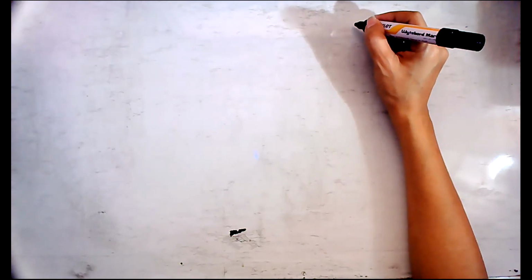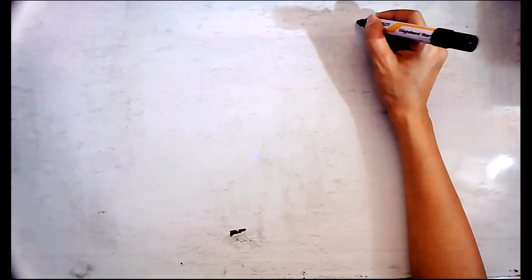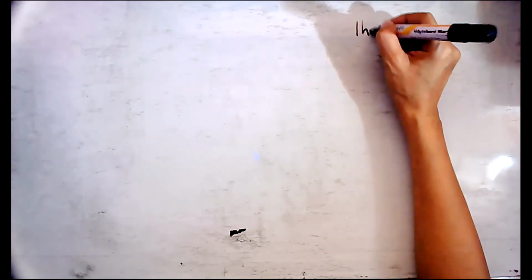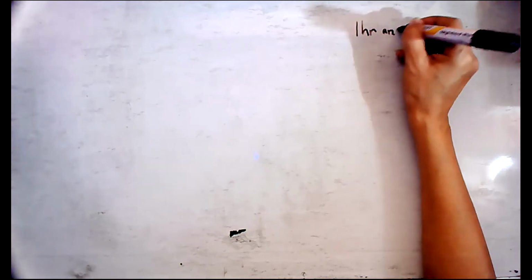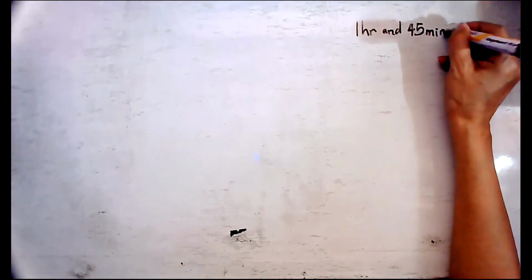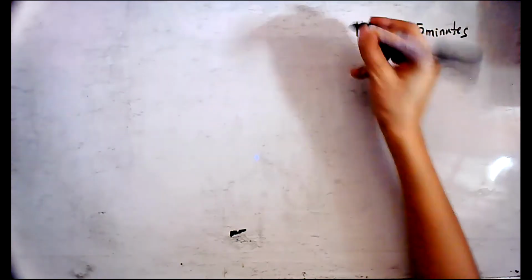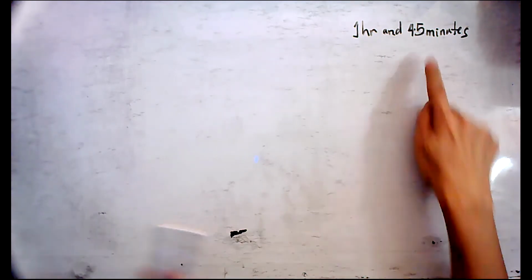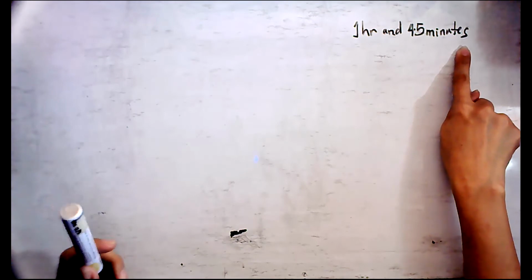According to the problem, it took an airplane 1 hour and 45 minutes. So that is roughly equivalent to 1 hour plus 75%. 45 minutes is 75% of 1 hour.